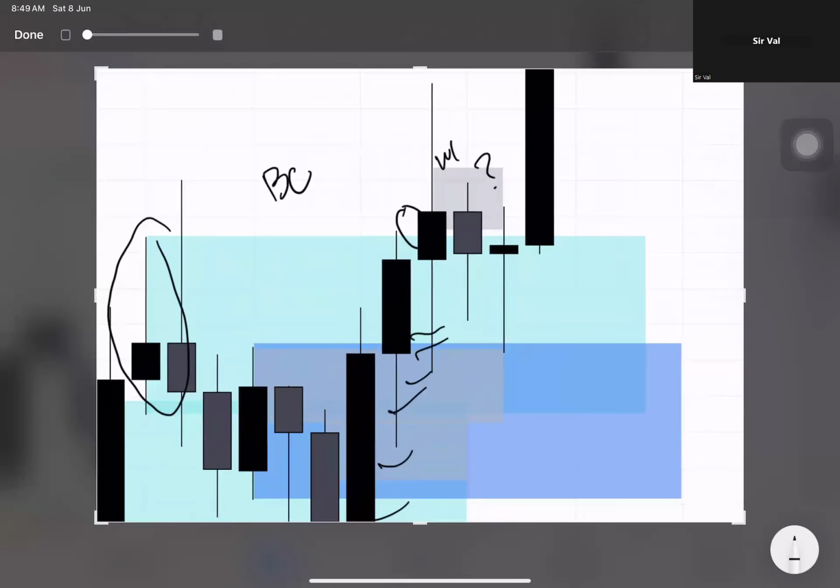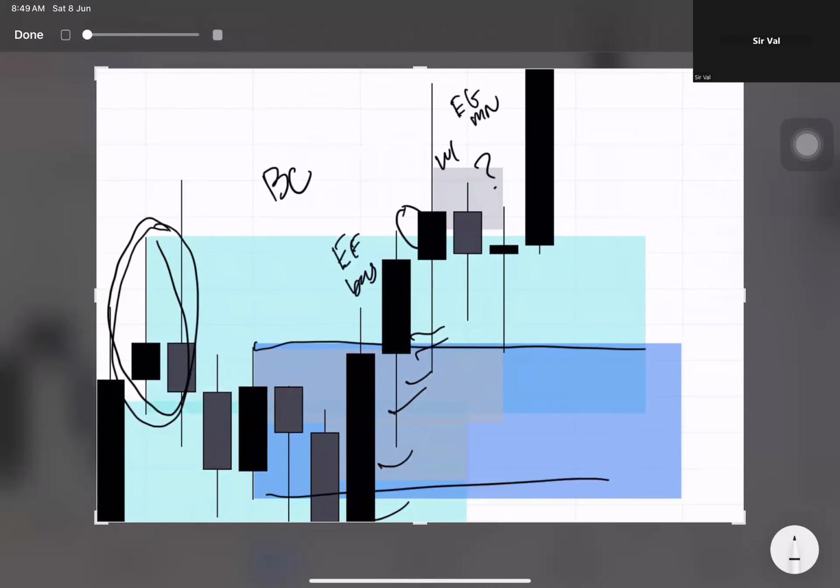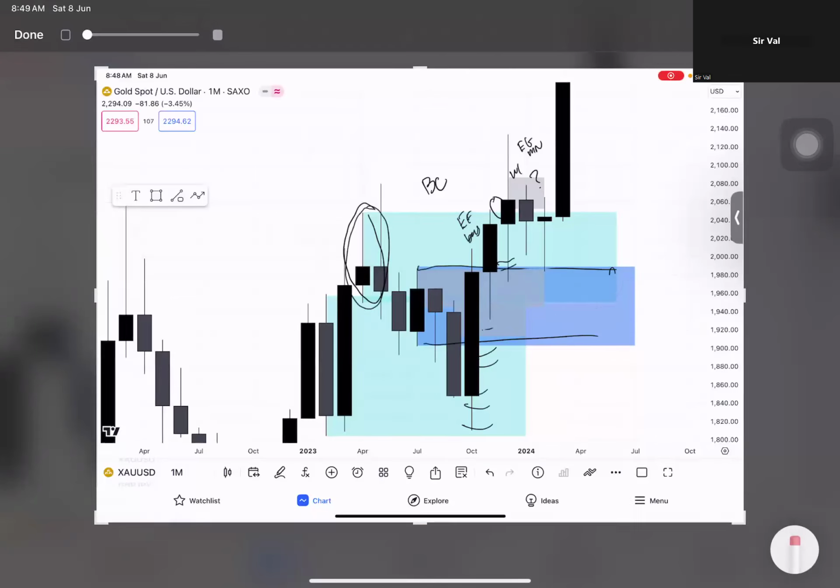If it creates an engulf on monthly, for example, I will consider price will be here, this one, engulfing fail by the first TP, or here is the second TP, or maybe here.